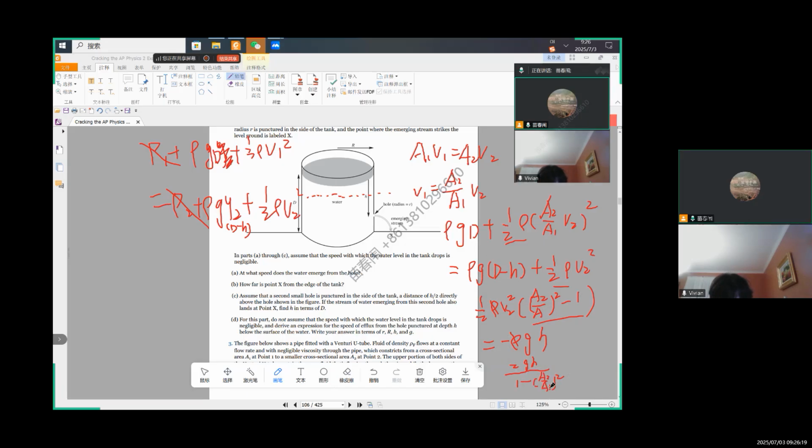Does that make sense? If we want v2, because this is v2 squared, I have square root of that, right? Let's see what A2 over A1 is now.